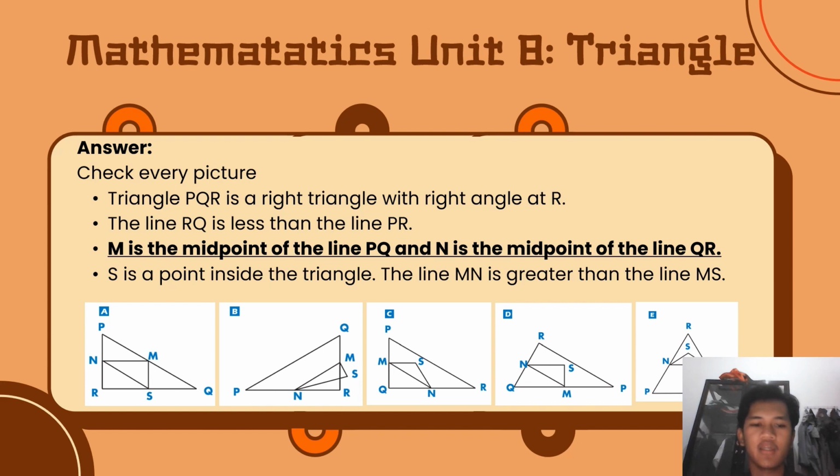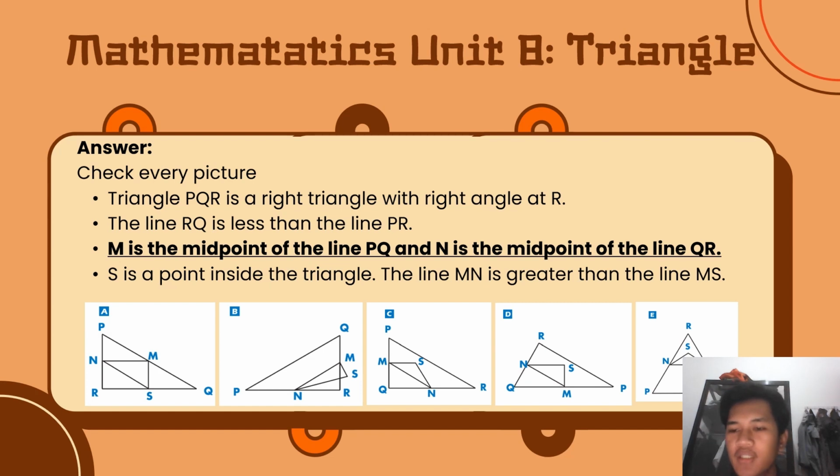So picture A is wrong because the midpoint of line PQ is correct, which is M, but the midpoint of line QR is not N but S. And then picture B. Picture B is wrong because there is no midpoint at line PQ, and the midpoint of line QR is not N but M.